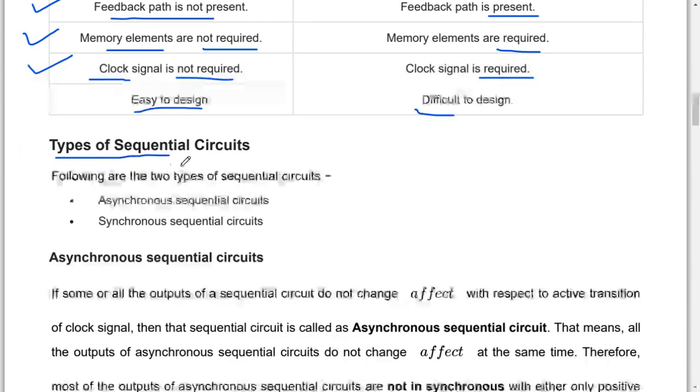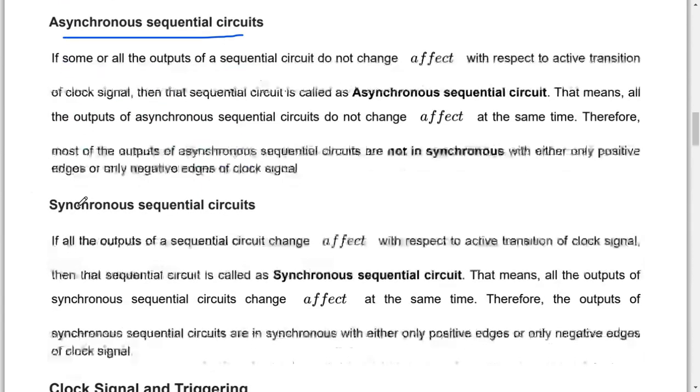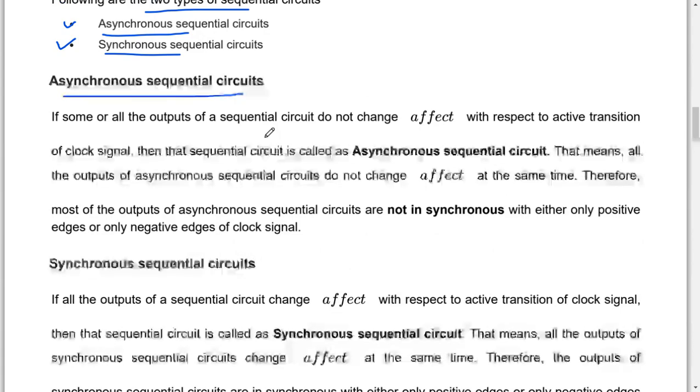Types of sequential circuits. The following are the two types of sequential circuits: one, asynchronous sequential circuit, and two, synchronous sequential circuit. Asynchronous sequential circuits: if some or all of the outputs of a sequential circuit do not change with respect to the active transition of the clock signal, then the sequential circuit is called an asynchronous sequential circuit.